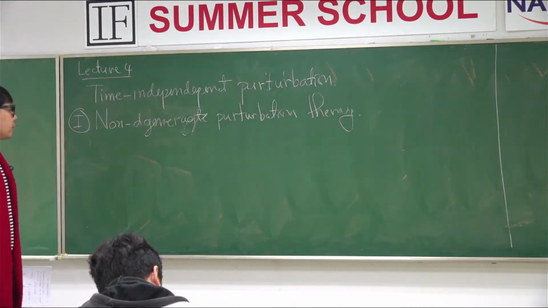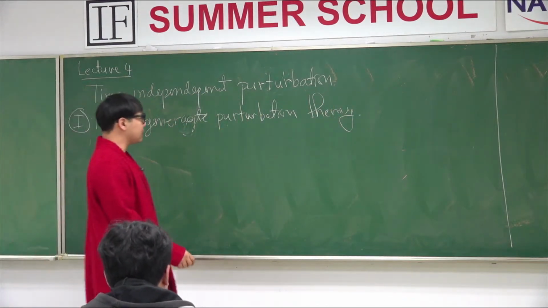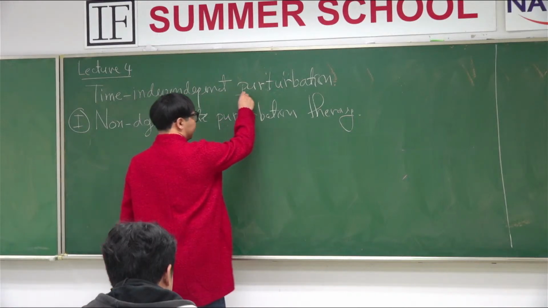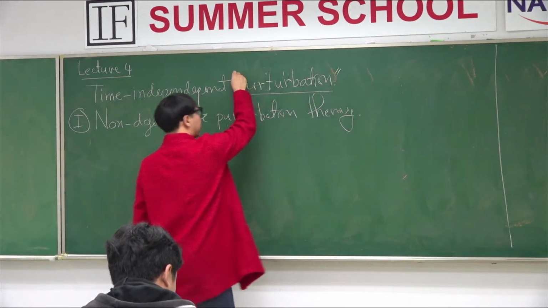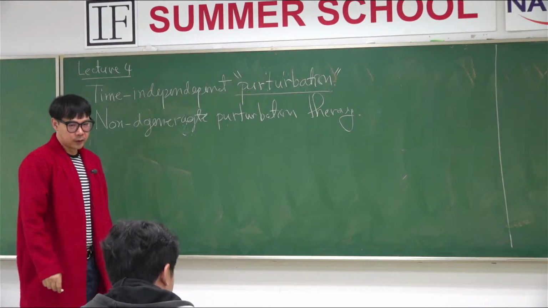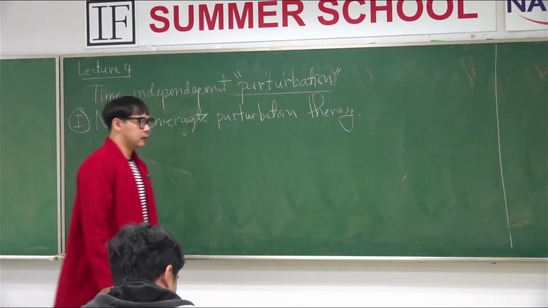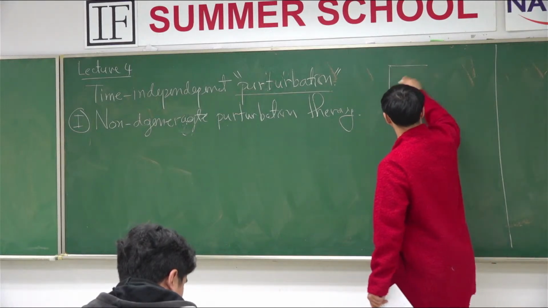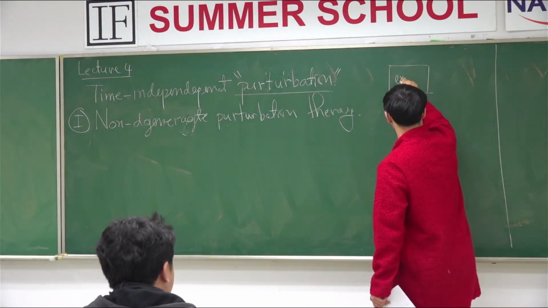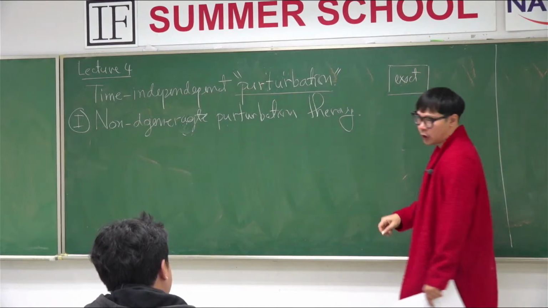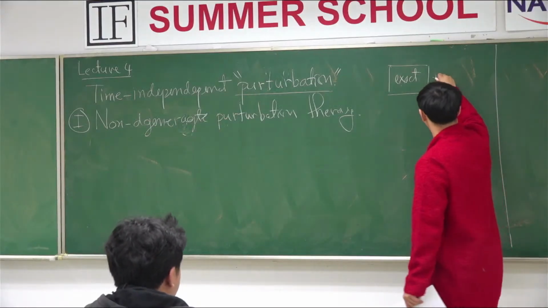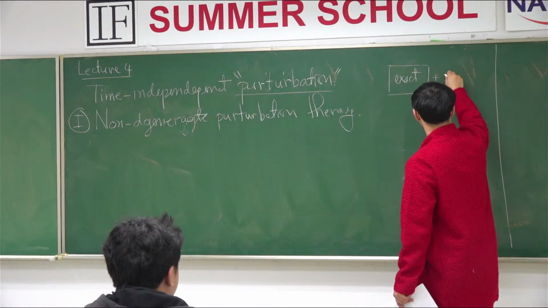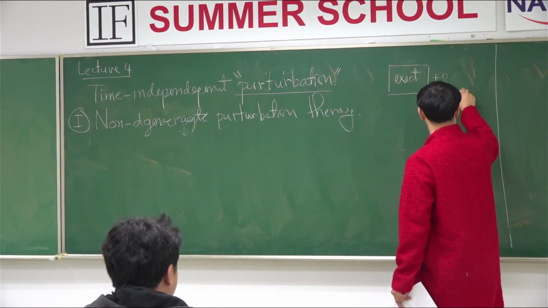So I'm not sure that you know these words. What is the perturbation? Do you know this? Okay. So it's like you have something that you know exactly, and you touch it with a very small thing.